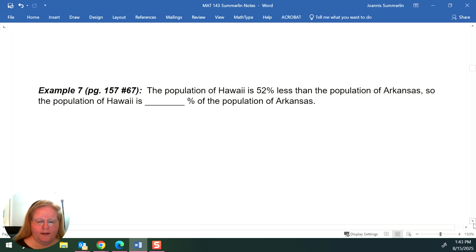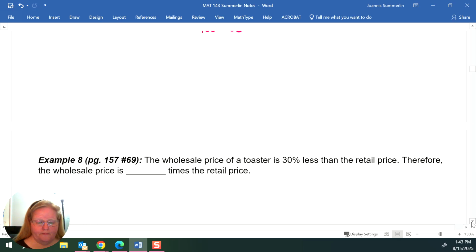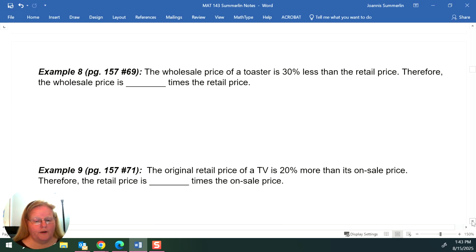The population of Hawaii is 52% less than that of Arkansas. So 100 minus 52, that's going to be 48%. The wholesale price of a toaster is 30% less. So that's 100 minus the 30%. That's going to be 70%.